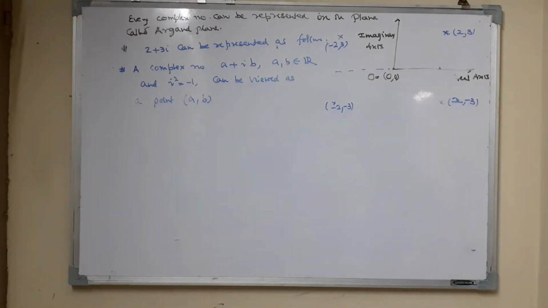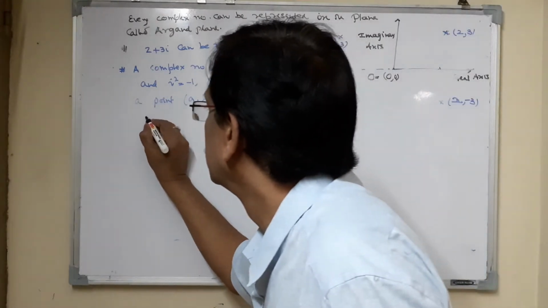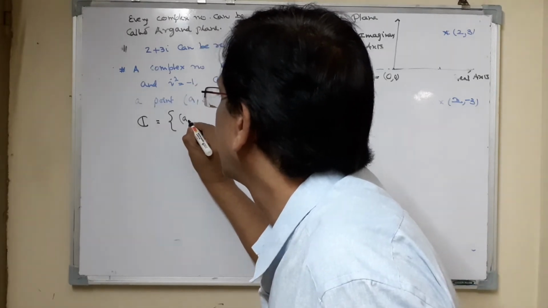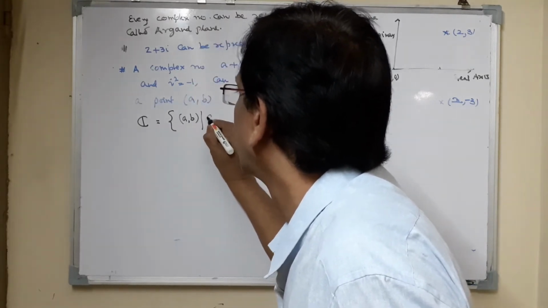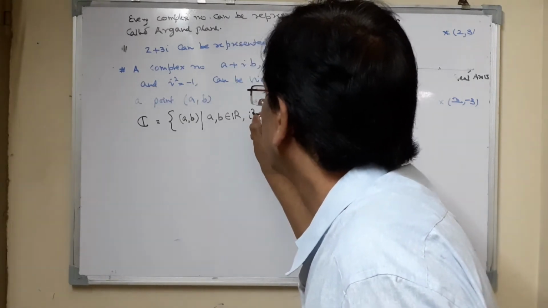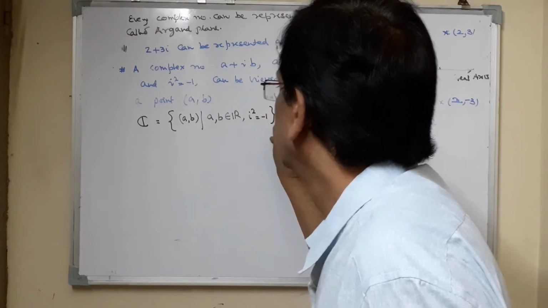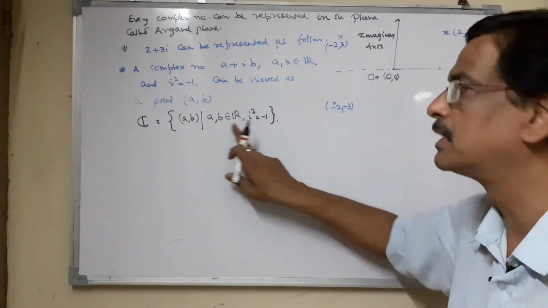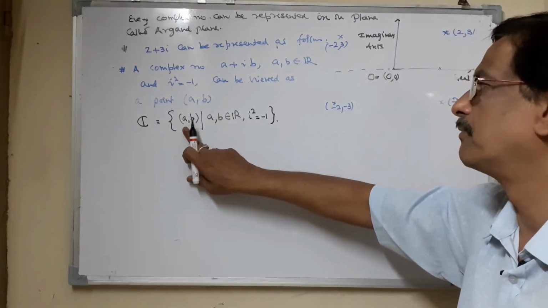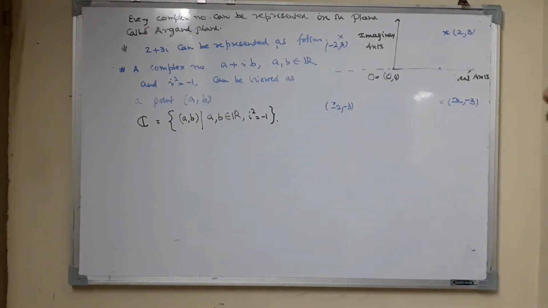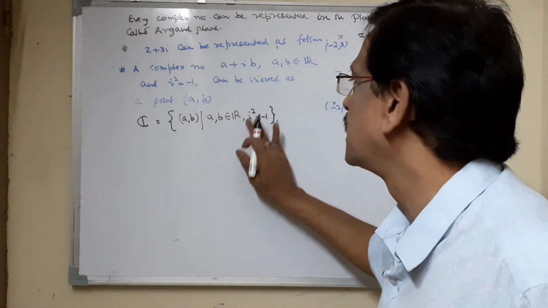Now I have a definition for C as the set of (a, b), where a and b are real numbers, and i square equal to minus 1. Remember, there is no i in the set C. So I need not actually write i square equal to minus 1, but for emphasis I am writing it like this. (a, b) belongs to R, and even if you ignore i square equal to minus 1, there is no harm.